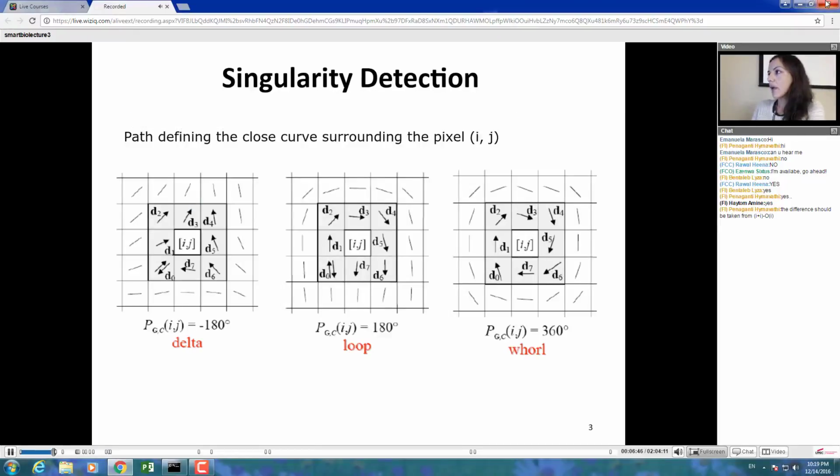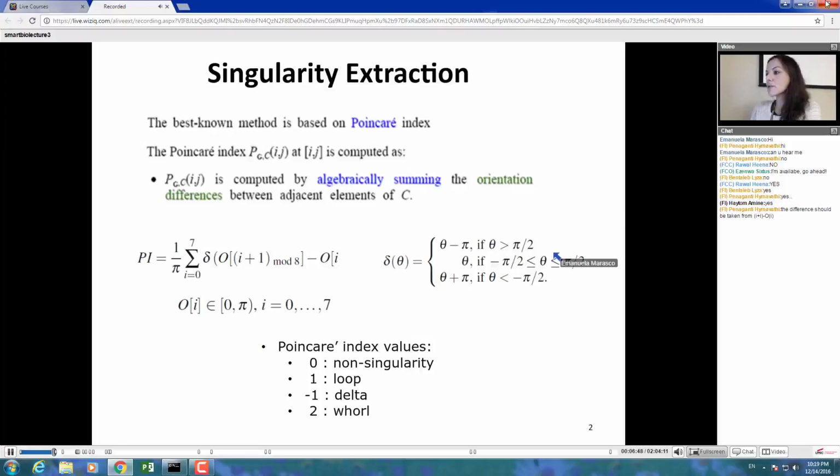So to minus 170, we will add 180, and then the result will be 10. So in the final sum, we just consider 10 as value, but not minus 180. This is why probably some of you, instead of having a loop, for example, just have a 0. We had this exercise done.